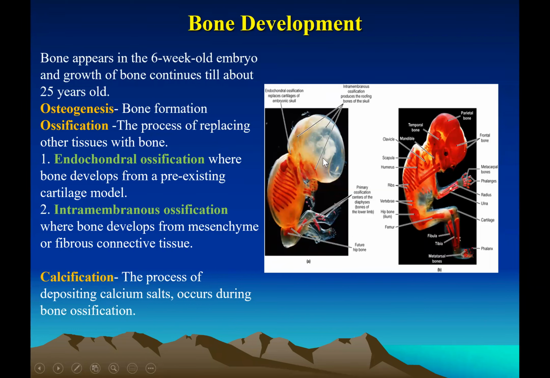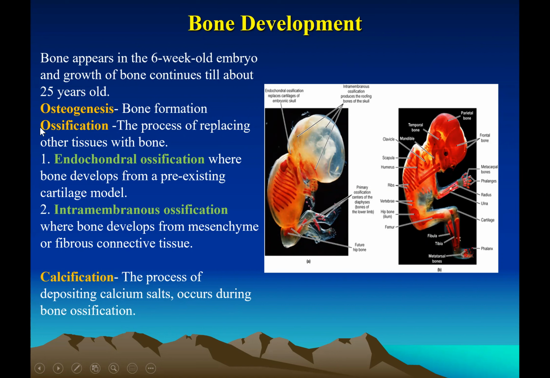Endochondral ossification refers to where hyaline cartilage is converted to bone tissue. Intramembranous ossification is when mesenchymal cells and fibrous connective tissue become bone tissue. The process of deposition of calcium in the bone is called calcification.